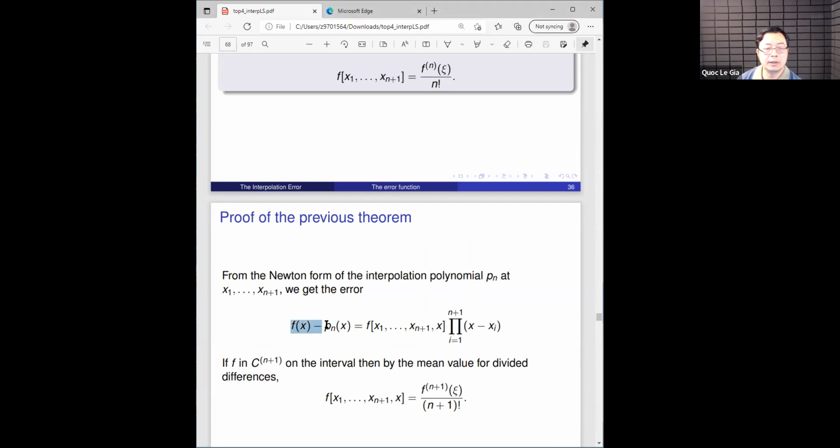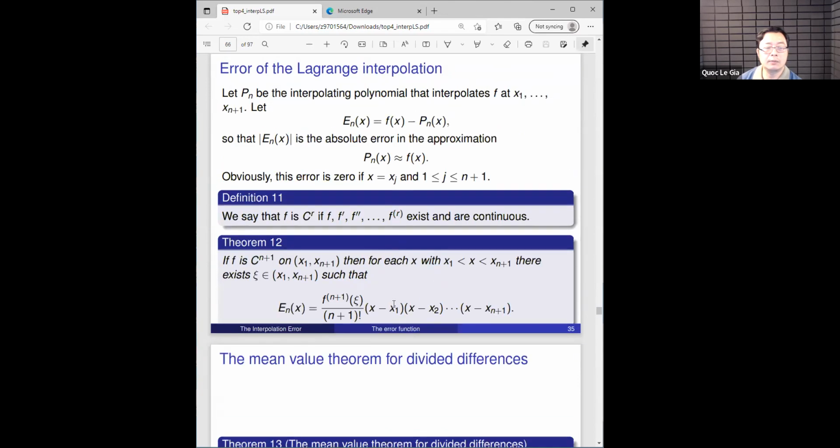Okay, so we got this equation. And then once we have this equation, we replace the very first term here using the mean value theorem for divided difference. And then you recover this theorem.